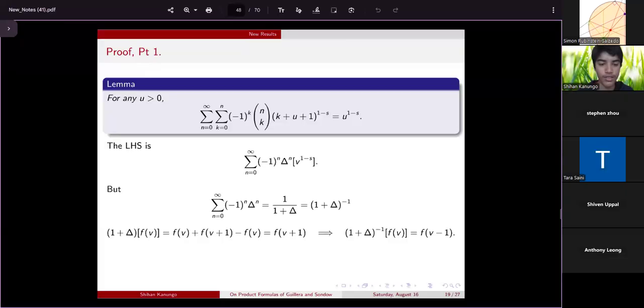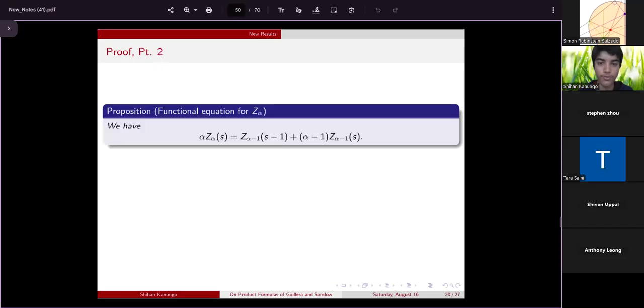Now 1 plus delta, if you compute it, just sends f of v to f of v plus 1. So 1 plus delta inverse should just send f of v to f of v minus 1. And this means that this expression is just 1 plus delta inverse of v to the 1 minus s, which is just v minus 1 to the 1 minus s, which is u to the 1 minus s. So that is, I think, a pretty slick proof of this identity.